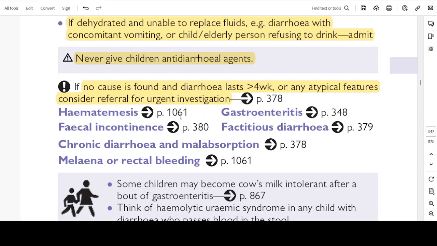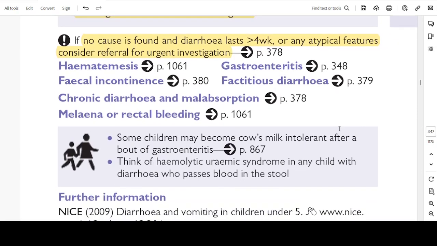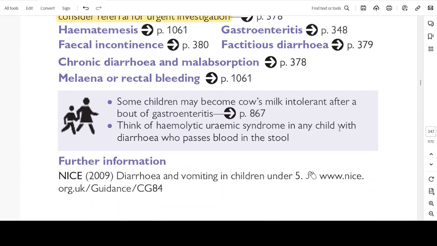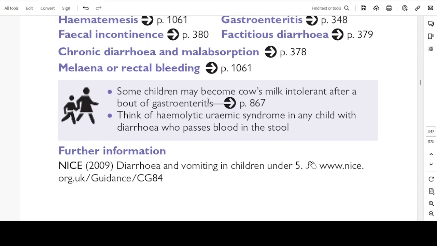Hematemesis, we will see in 1061. Fecal incontinence, chronic diarrhea and malabsorption, malignant or rectal bleeding, gastroenteritis, factitious diarrhea. Some children may become cow's milk intolerant after a bout of gastroenteritis, that is temporary lactose intolerance. Think of hemolytic uremic syndrome in any child with diarrhea who passes blood in stools.